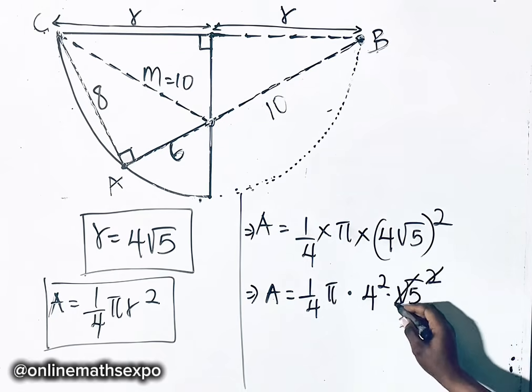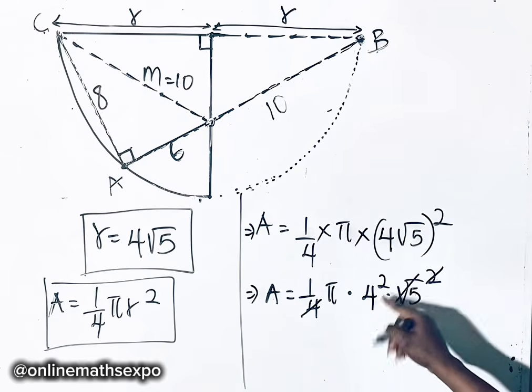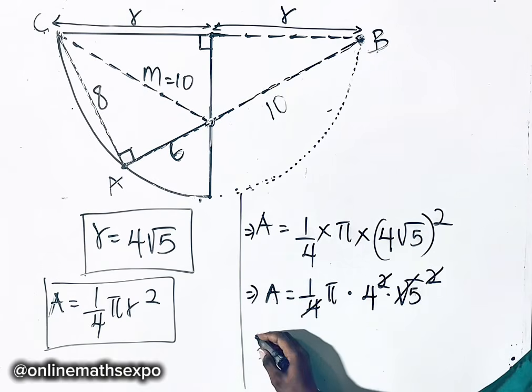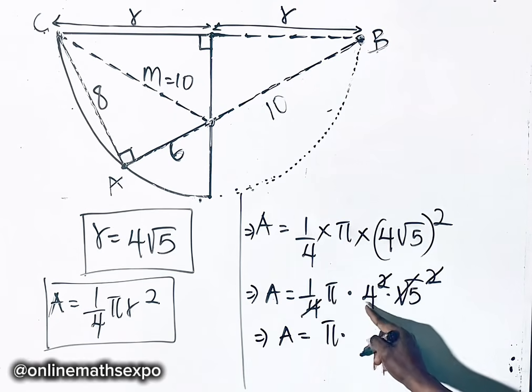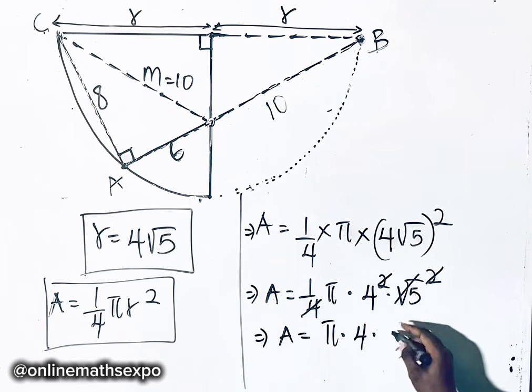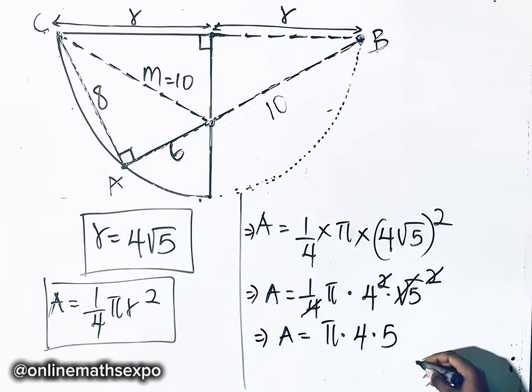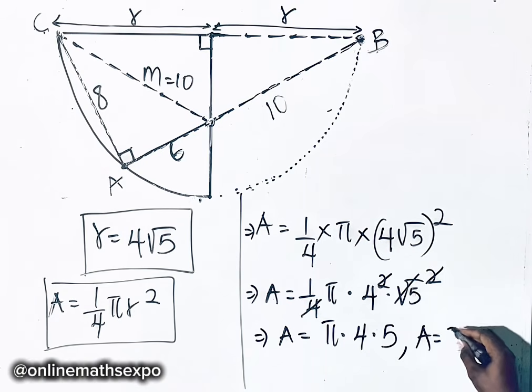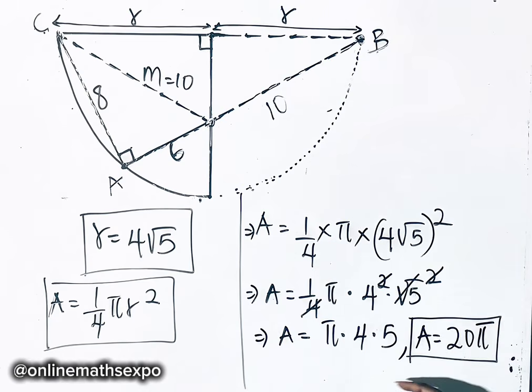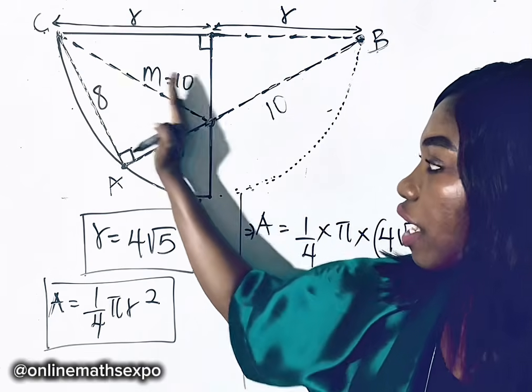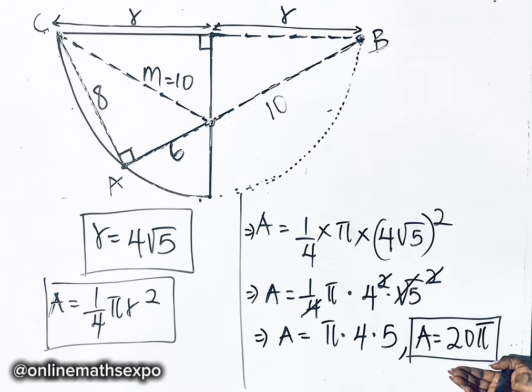So this will take off this. This 4 takes 1 here, you'll be left with 1/4. So we have area is equal to pi times 4 times this 5. And when you work this out, it gives you area is equal to 20 pi. So the value of the area of the quarter circle, just this part, is given as 20 pi.